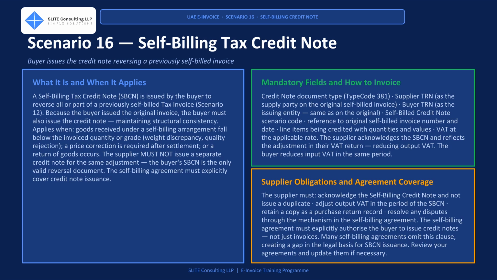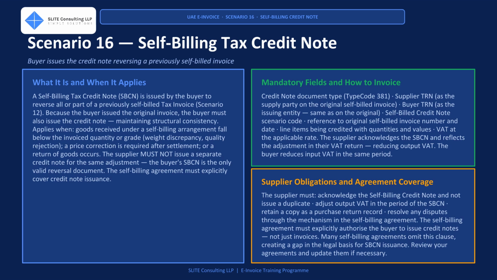Goods received under a self-billing arrangement fall below the invoice quantity or grade, weight discrepancy, quality rejection. A price correction is required after settlement, or a return of goods occurs. The supplier must not issue a separate credit note for the same adjustment. The buyer's SBCN is the only valid reversal document, and the self-billing agreement must explicitly cover credit note issuance, not just invoices.